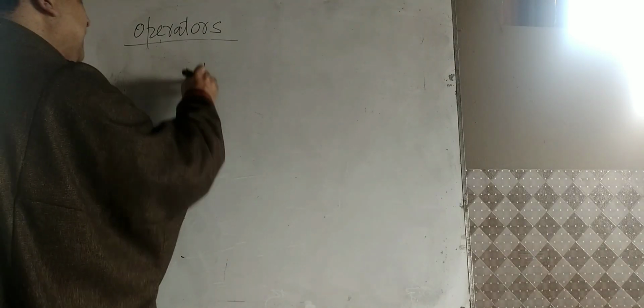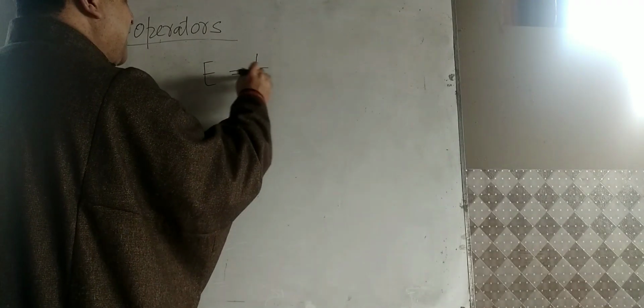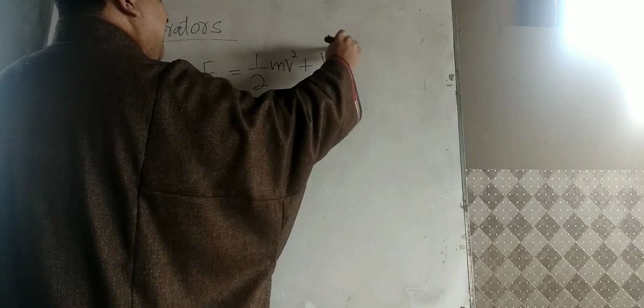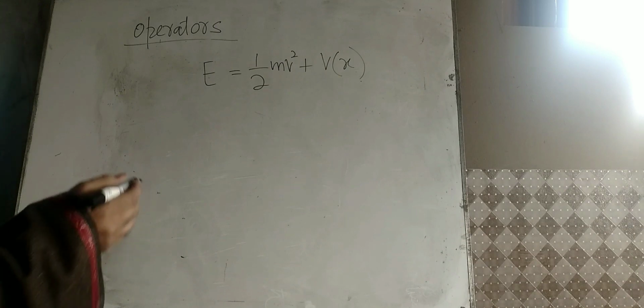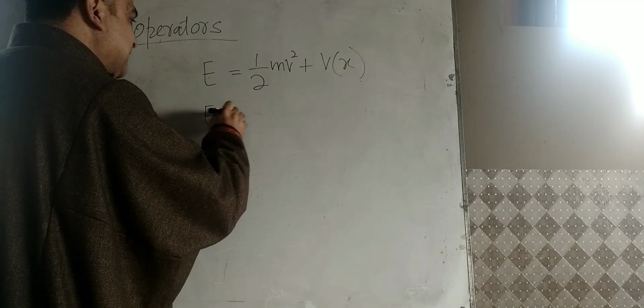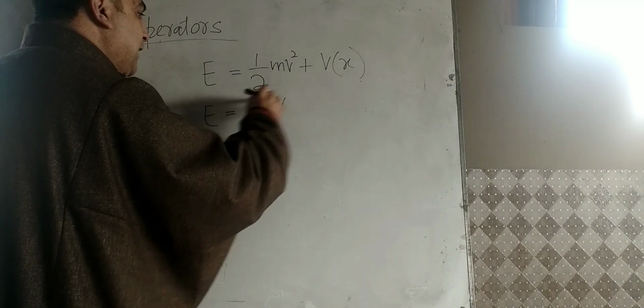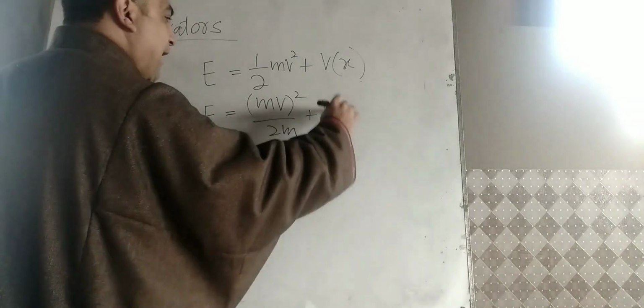Now, if we go to a very general expression, E is the energy, and this total energy is the sum of kinetic energy and potential energy, in one dimension for the sake of argument. I will replace this energy equation by virtue of operators. Let us first go with this: E is mv whole square divided by 2m plus V of x.